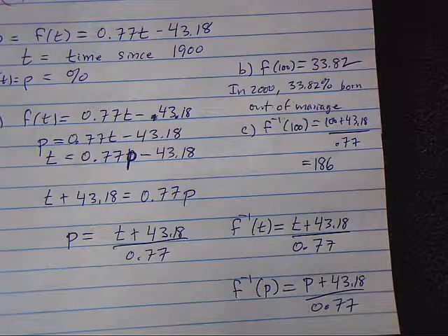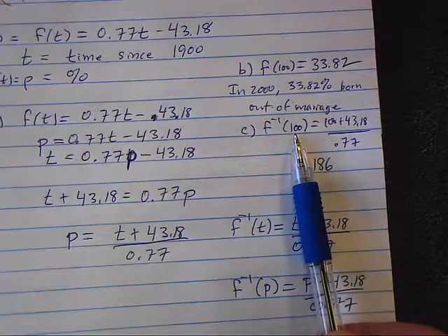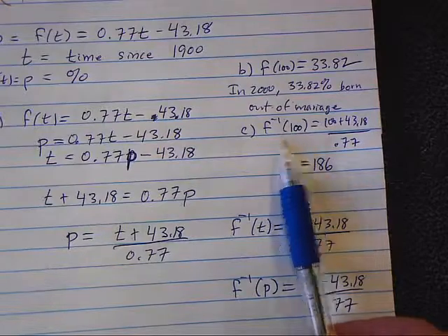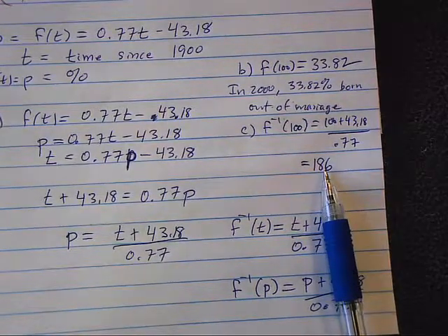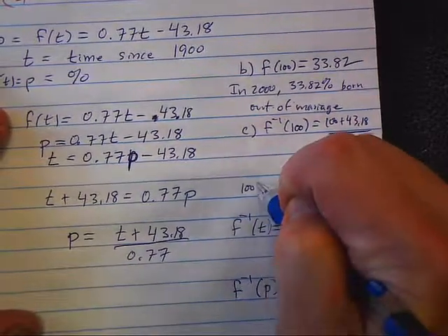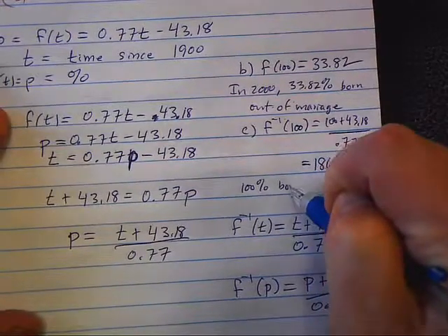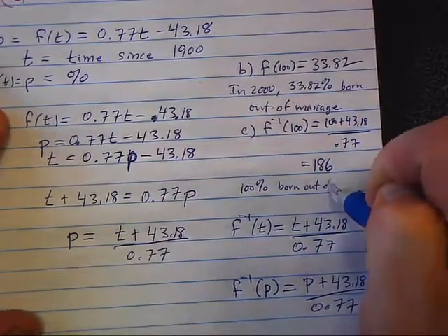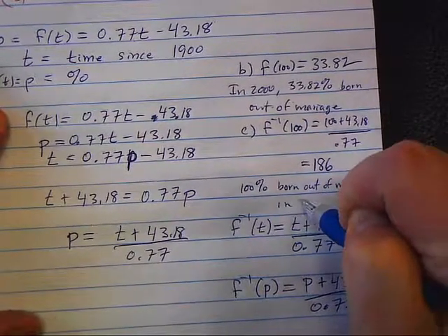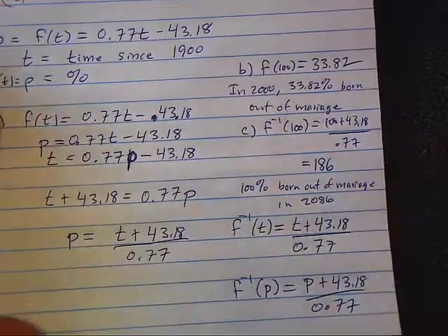What does that number mean? So what does this 100 mean this time? 100% of children will be born out of wedlock in the year 2086. That's what this tells me. 100% born out of marriage in 2086.